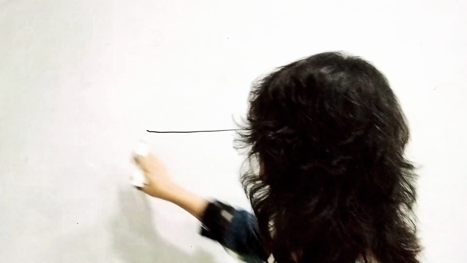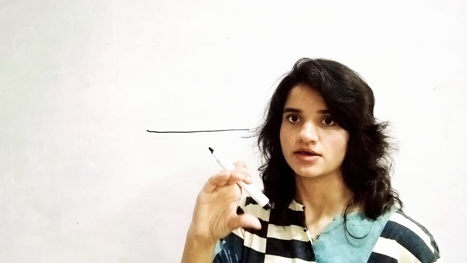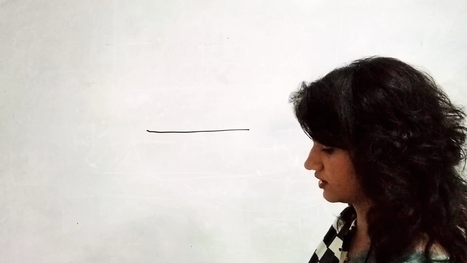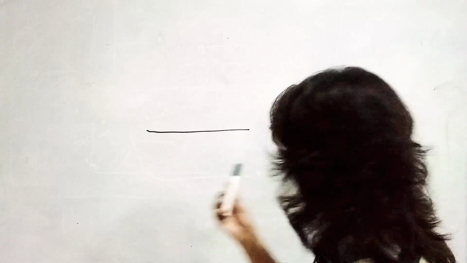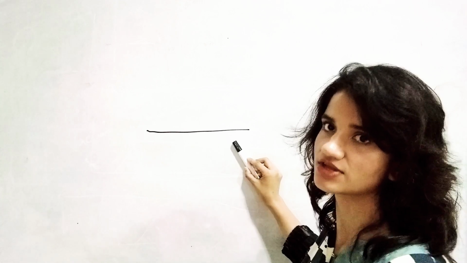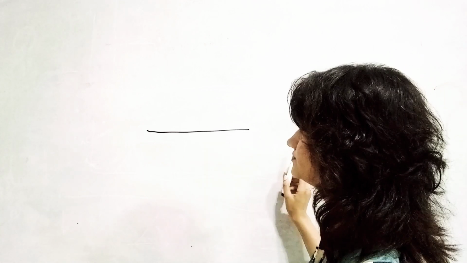When the current is passing from negative to positive terminal, how will we get to know that there are magnetic fields? We will take a compass. We know that the compass is an instrument which can detect magnetic lines of force. We take the compass closer to the electrical wire.